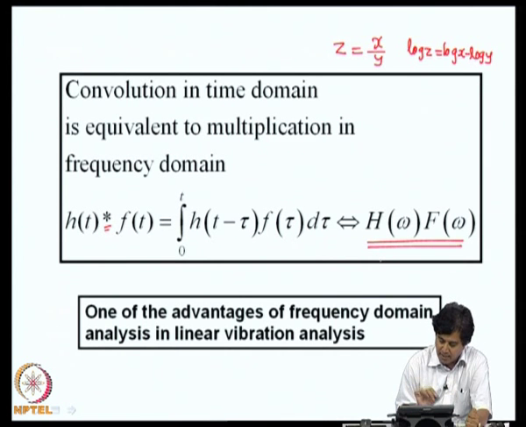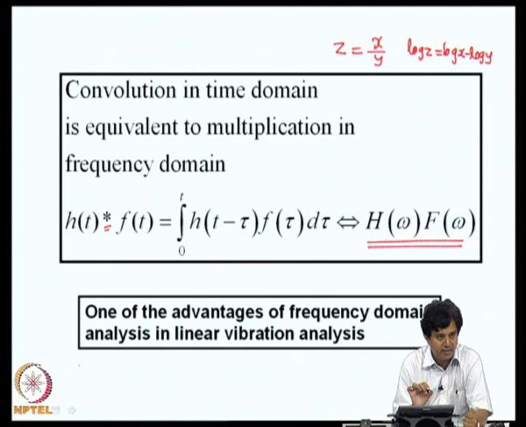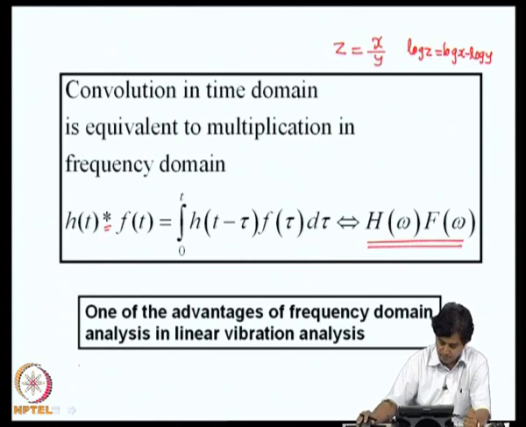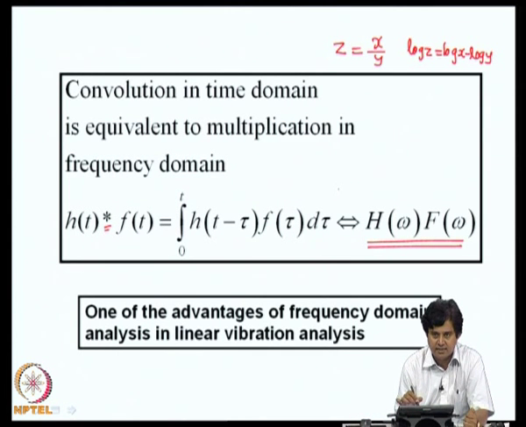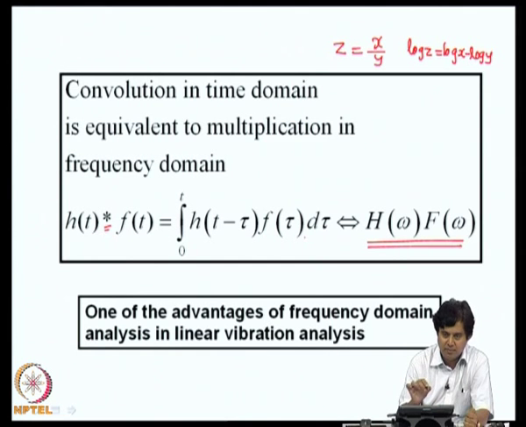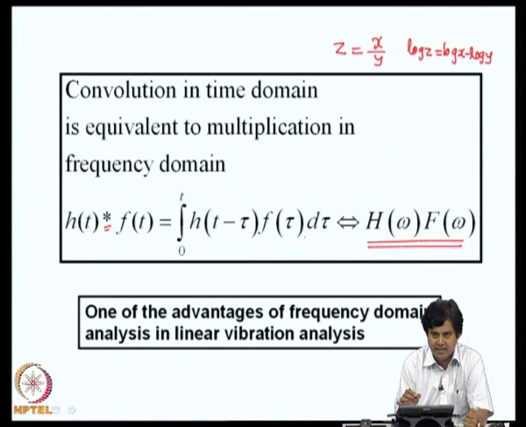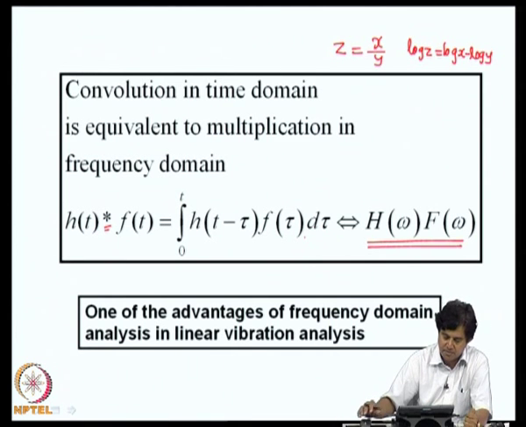So, herein lies the value of frequency domain analysis, which we will be extensively using in random vibration analysis. Again, let me emphasize, this is valid only for linear systems, because the construction of Duhamel's integral depends on the system being linear. We are essentially using the principle of superposition, and that is valid only if the system is linear.